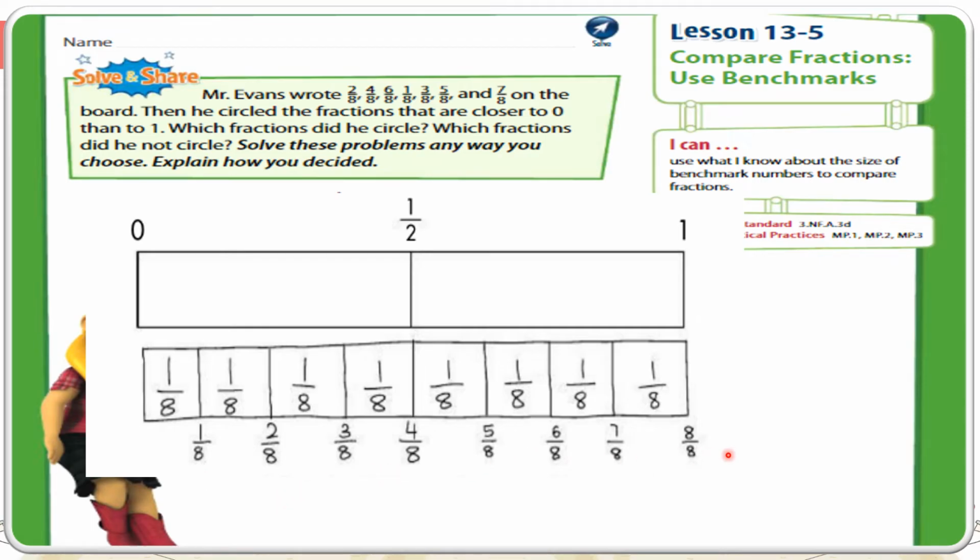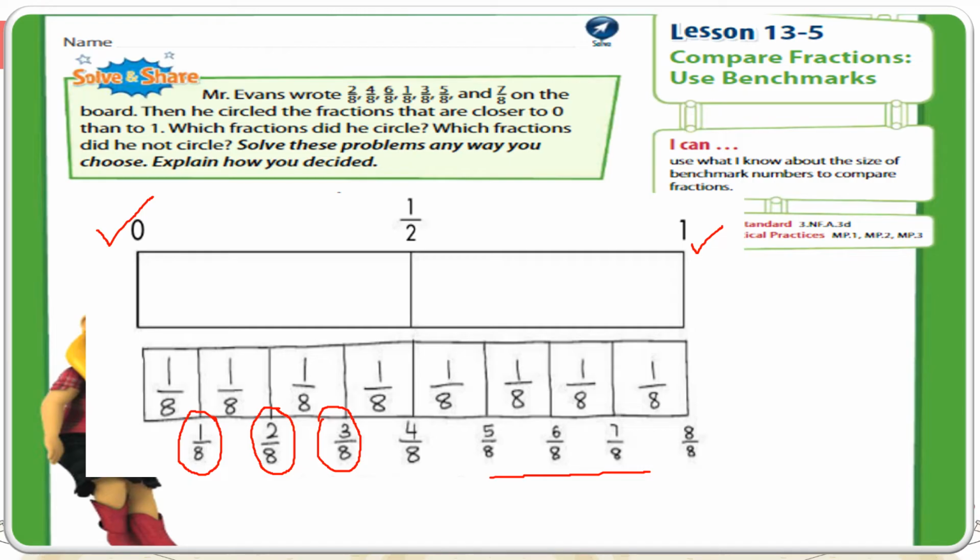Right? Now the question was, he circled the fractions that are closer to 0. So which fractions are closer to 0? On the left side of the half, all the fractions are closer to 0, while on the other side of the half, these fractions are closer to 1, and the circled ones are closer to 0.